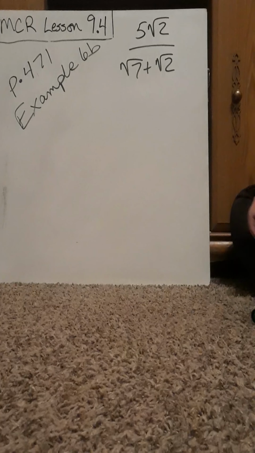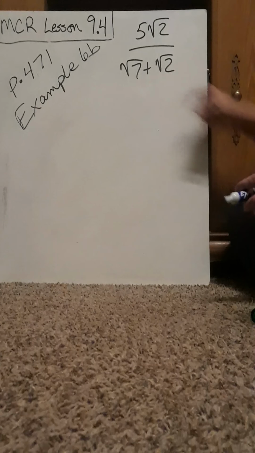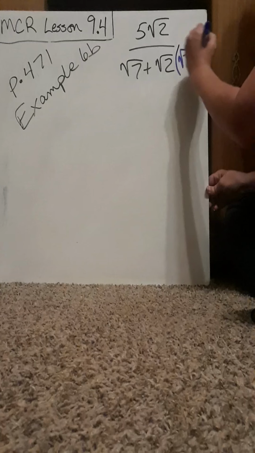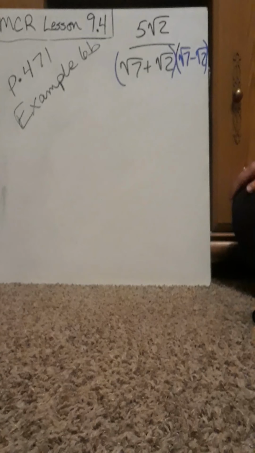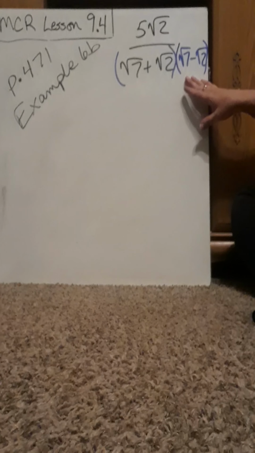We've got to go to something a little bit more complex, and what you need to do is multiply this by its conjugate. And its conjugate is going to be the square root of 7 minus the square root of 2. This is going to become a FOIL problem. I'm going to have to FOIL that out.